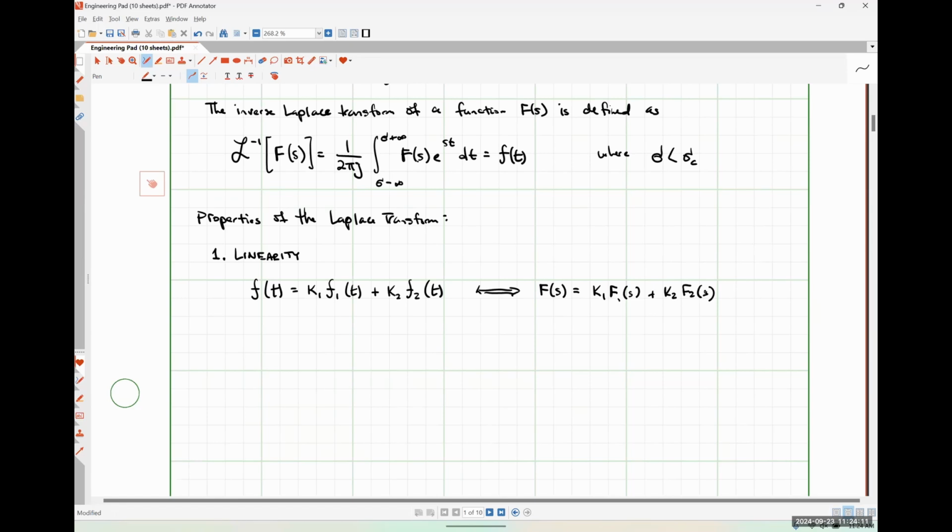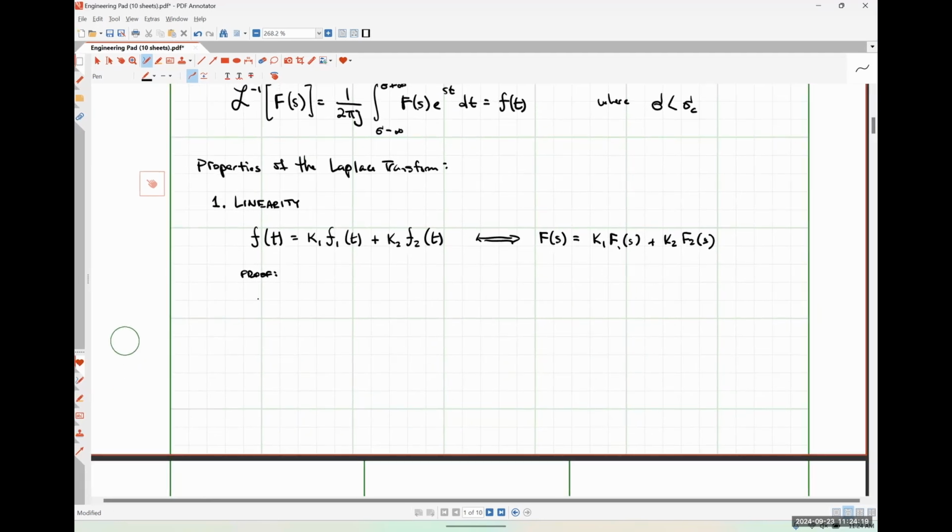Okay. If we wanted to prove that, the Laplace transform of k1 times f1 of t plus k2 times f2 of t is going to be simply the integral from 0 minus to infinity of k1 f1 of t plus k2 f2 of t.